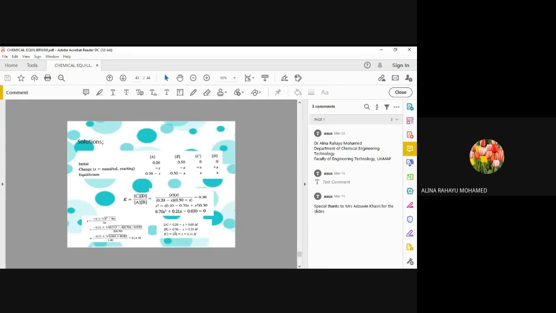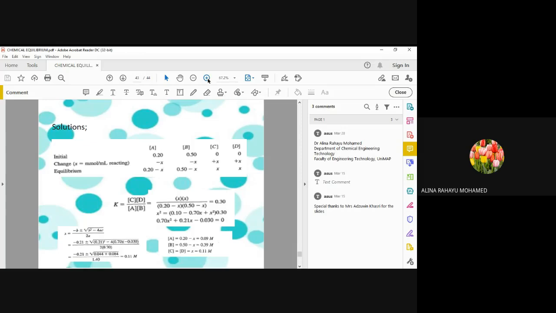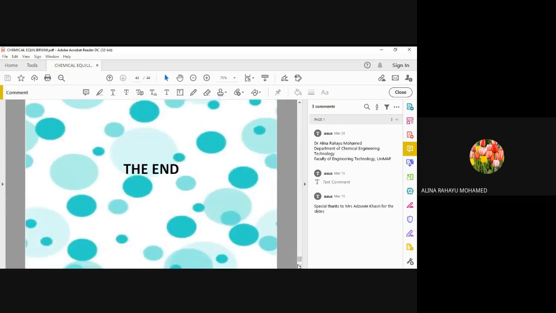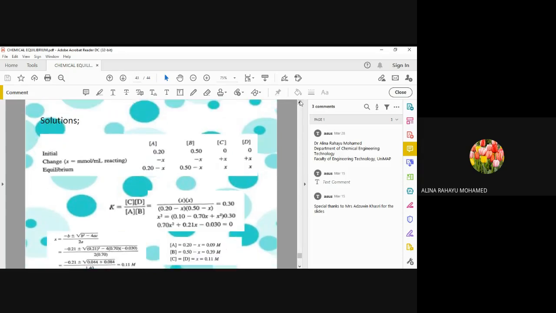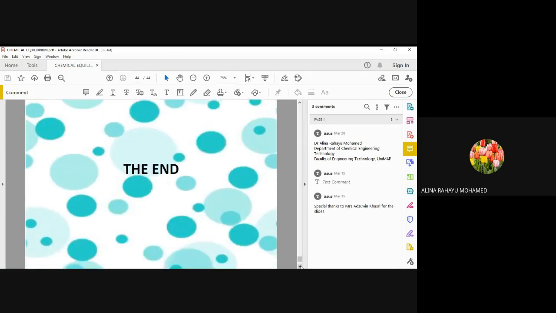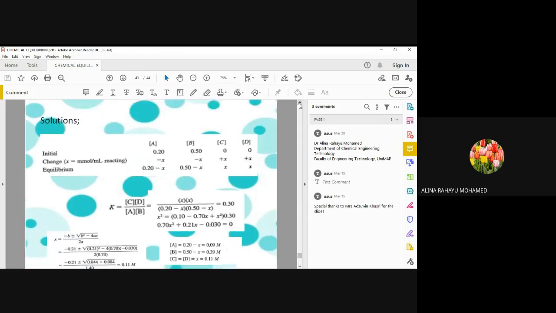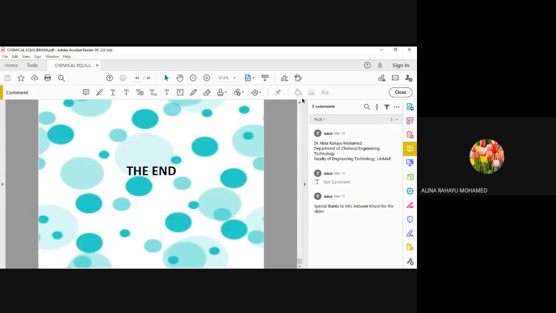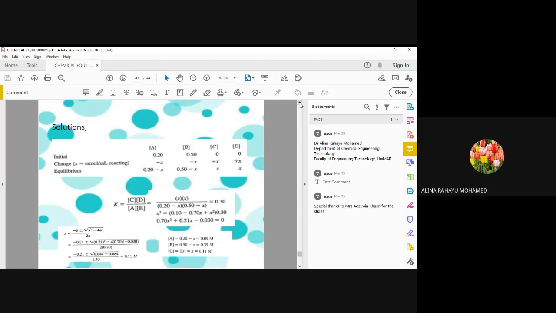Now, the concentration of A equals 0.2 minus x, so it becomes 0.2 minus 0.11, which is equal to 0.09. For B, 0.5 minus x, which is 0.5 minus 0.11, that becomes 0.39. C and D are x, so it's 0.11 M. So that answers the question given.